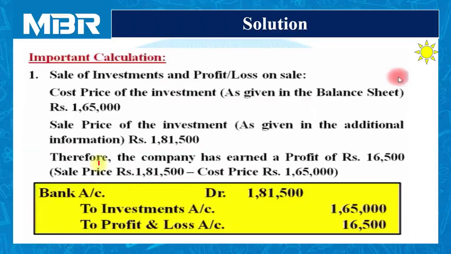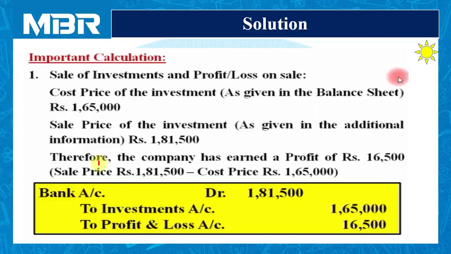The first item, as usual, sale of investment and profit or loss on sale of investment. Because the examiner has given information related to sale of investment to us.